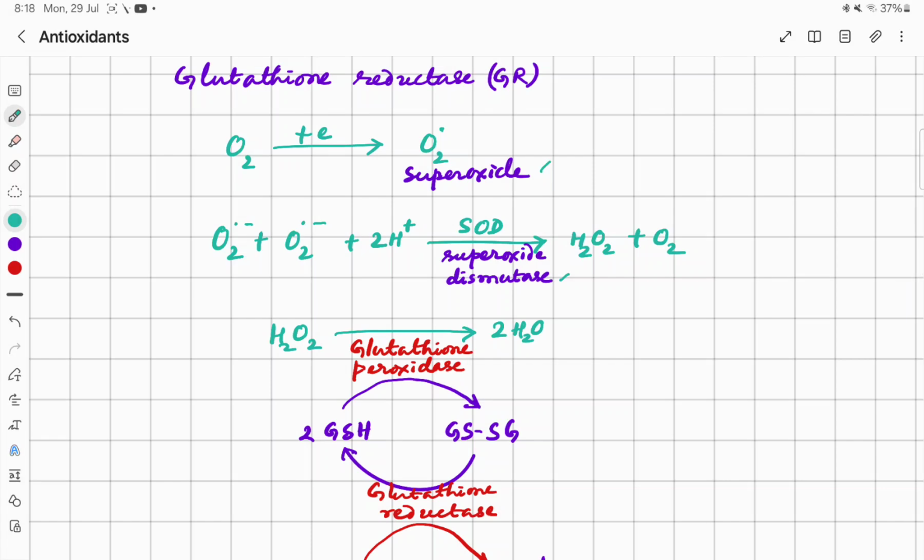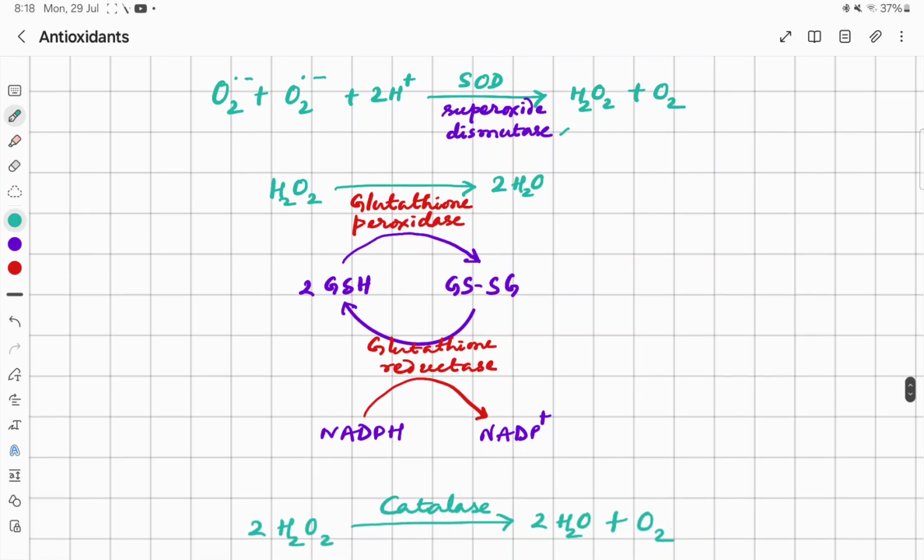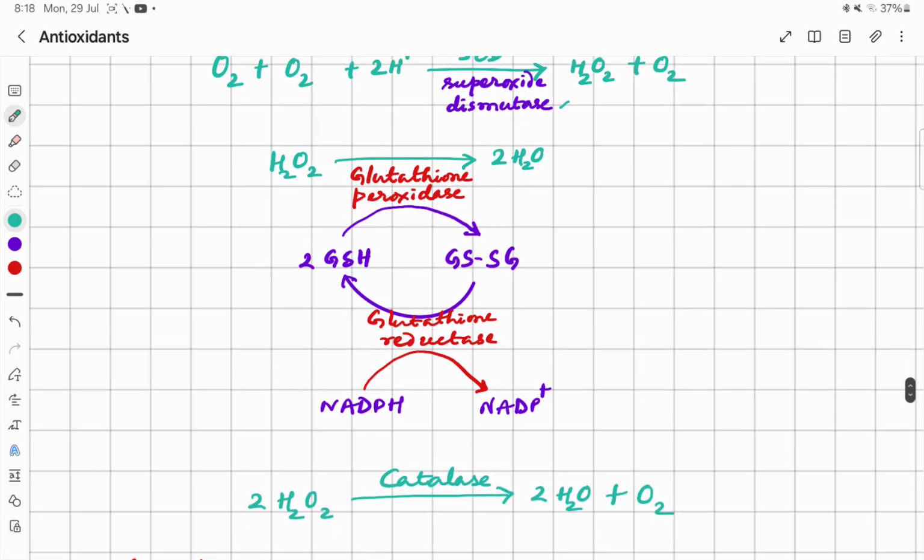And this hydrogen peroxide can lead to production of water in presence of catalase and also in presence of glutathione peroxidase. So glutathione peroxidase converts this glutathione, and in return glutathione reductase can regenerate this glutathione.